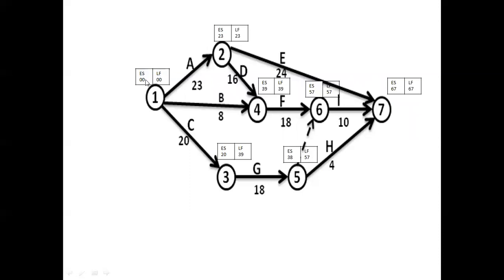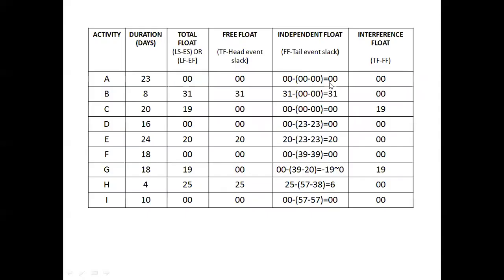LF minus ES, that is 0, 0 minus 0, 0, which is equal to 0, 0. Similarly for B also, as A, B and C are the start activities, all have 0, 0 minus 0, 0.